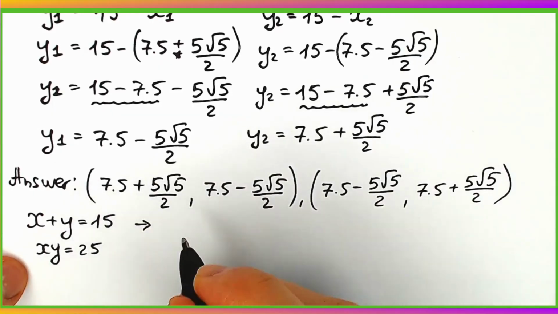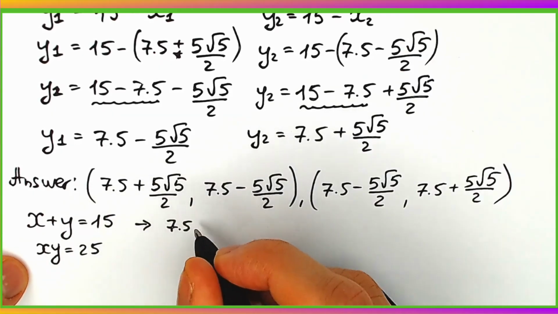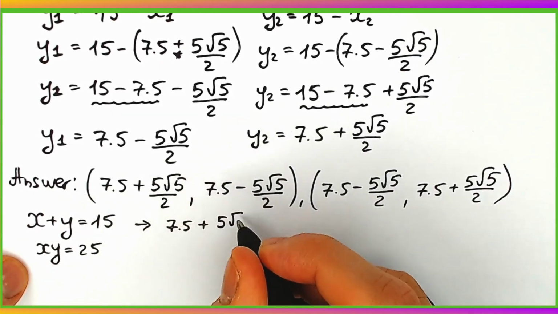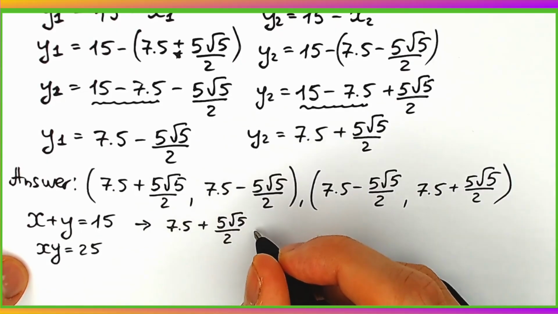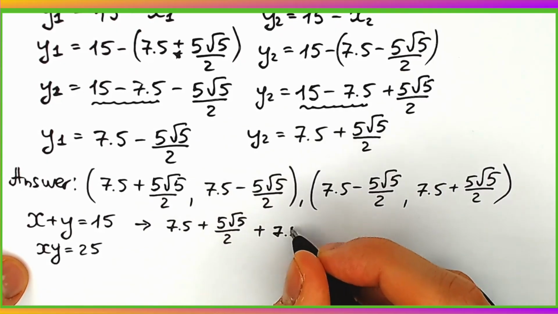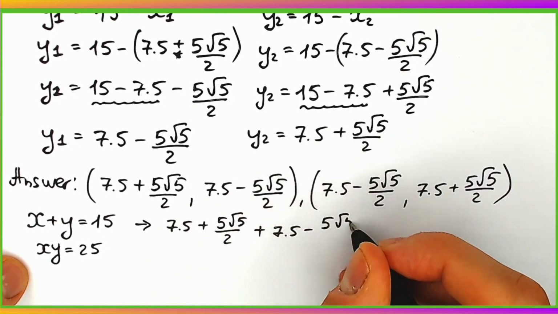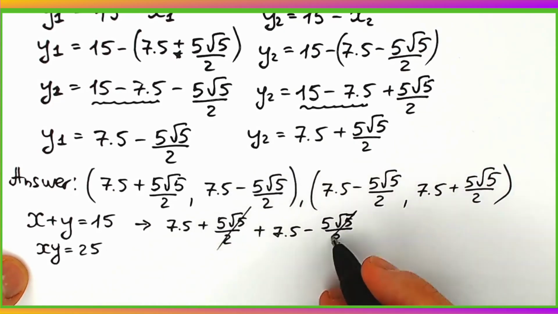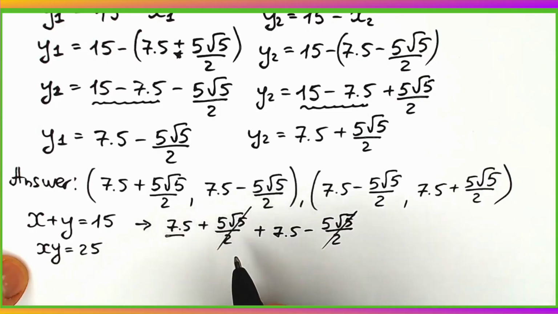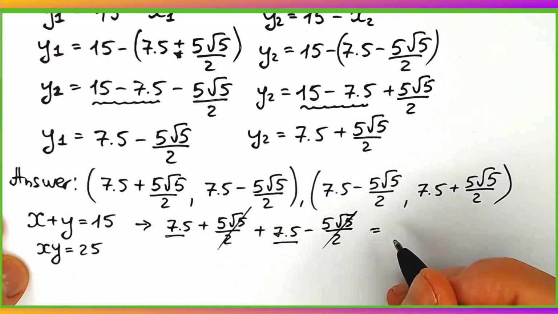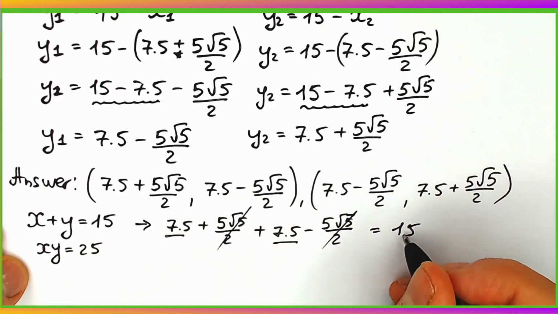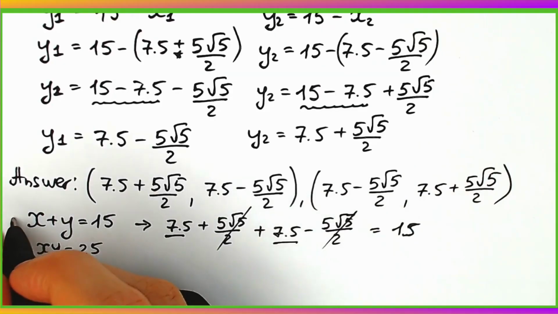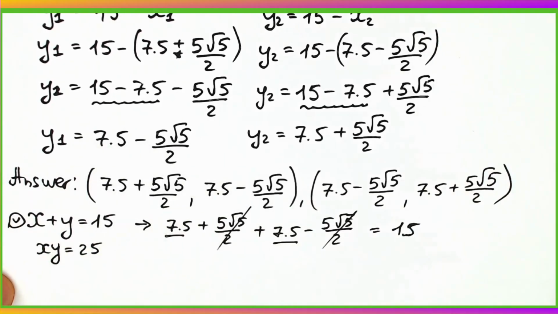So let's check, for example, this one. 7.5 plus 5 square root of 5 over 2 plus 7.5 minus 5 square root of 5 over 2. Right here we can easily cancel our expressions, and we have only 7.5 plus 7.5 equal to 15, and we have it right here. So our addition works perfectly.